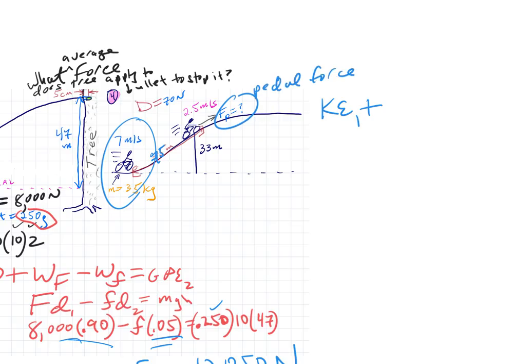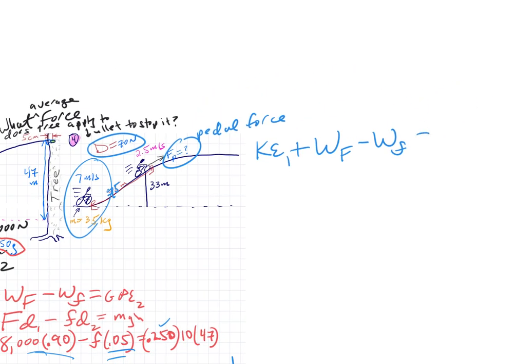Well, if we have a pedal force as he climbs up the hill, we also have work due to a big F. Is there any drag? Yeah, drag's mentioned. So we have work due to friction as well. Okay, actually that's minus because work due to friction is always going to be negative work. So let's do it that way.